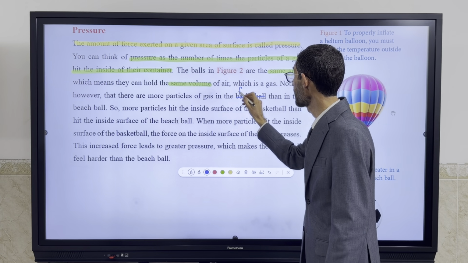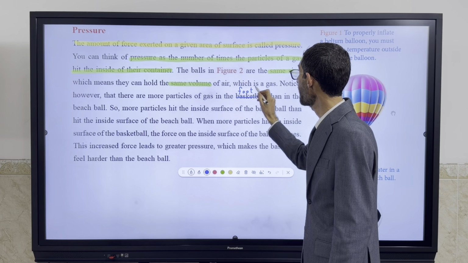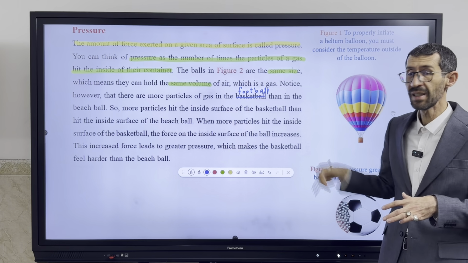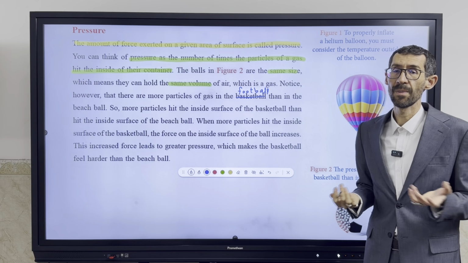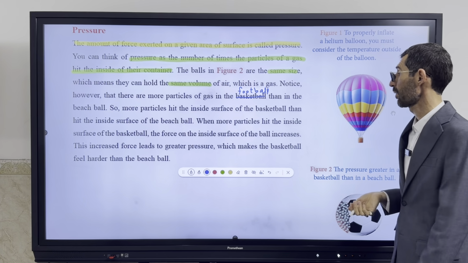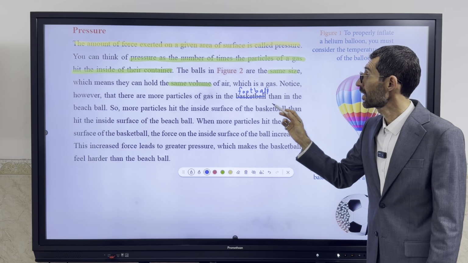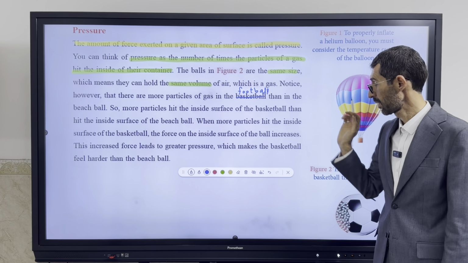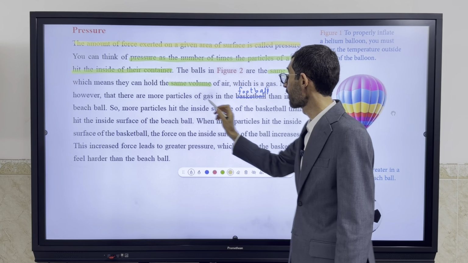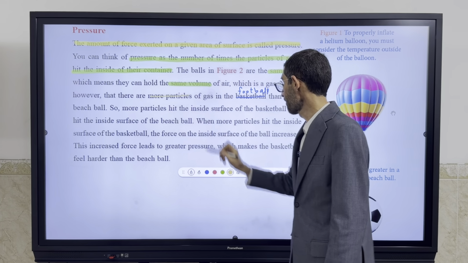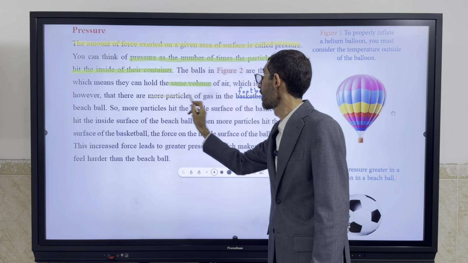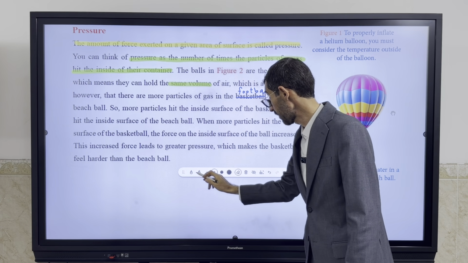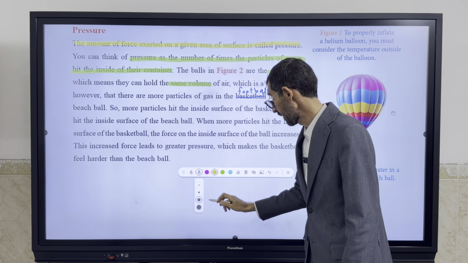I want you to correct it: wherever you observe a basketball in the text, change it to football. It says there are more particles of gas in a football than in a beach ball. Let me highlight for you: more particles of gas in a football than in a beach ball, right?